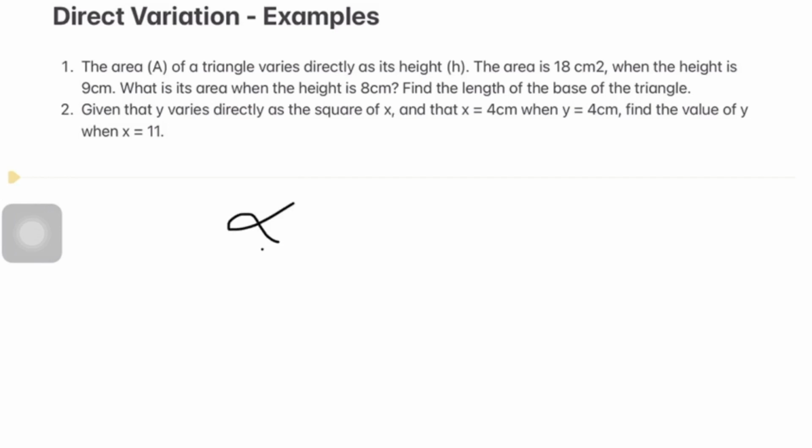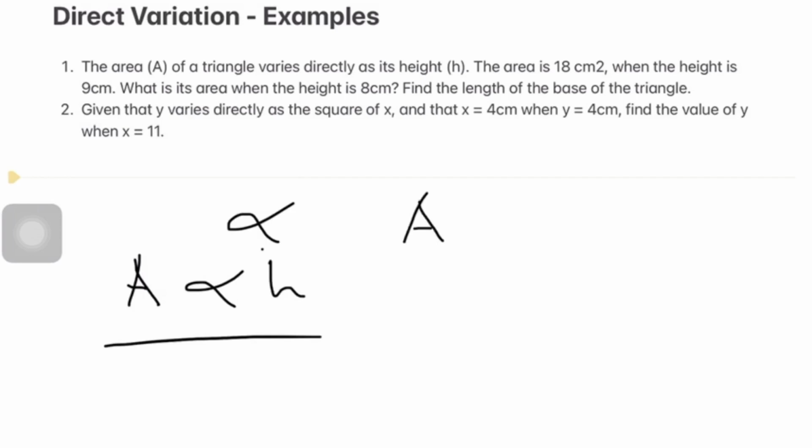So we are going to start with example number one. We are told that A varies directly. We said this is how we are supposed to write it: A varies directly as H. And then for us to turn it in such a way that we can do some calculations, you saw the way I was doing.